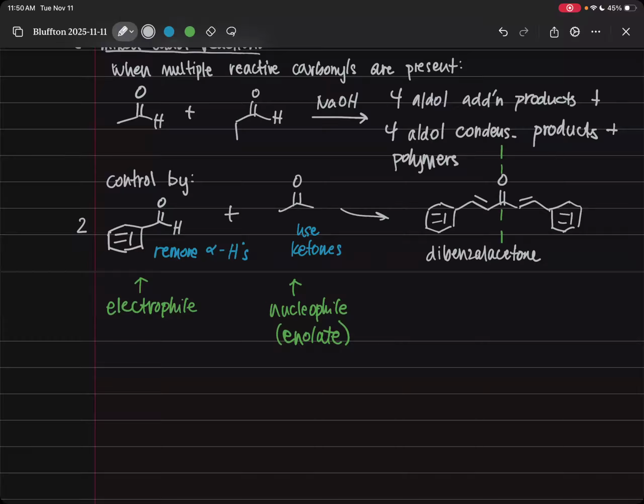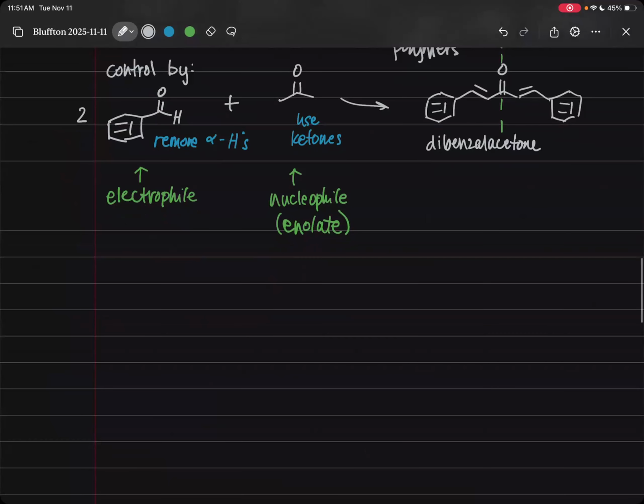Okay, so let's go through that in some more detail. So we've got to have a nucleophile and an electrophile in order to do the aldol addition reaction.